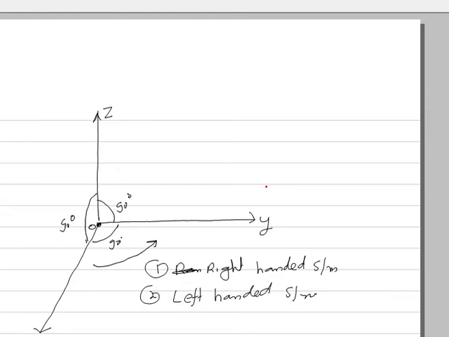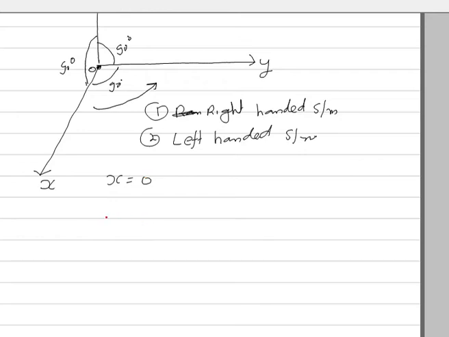Dear students, there are three planes in the Cartesian system: the x equals 0 plane, the y equals 0 plane, and the z equals 0 plane. These are the three planes.